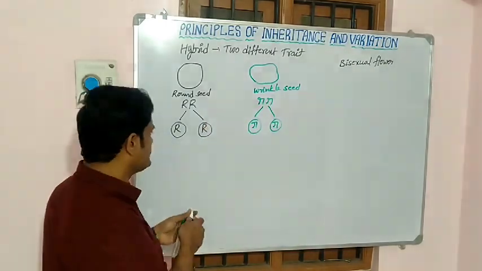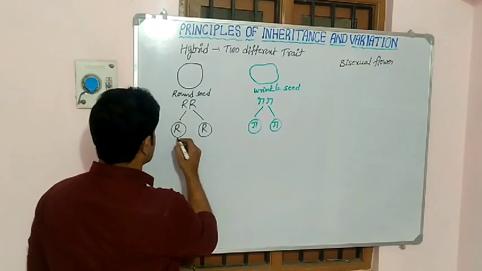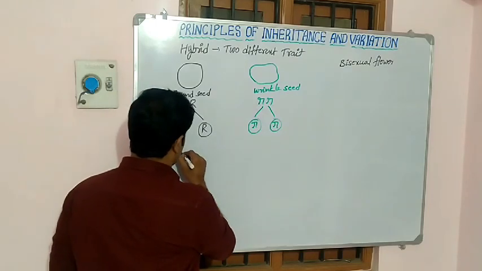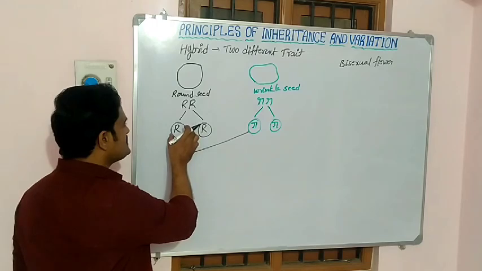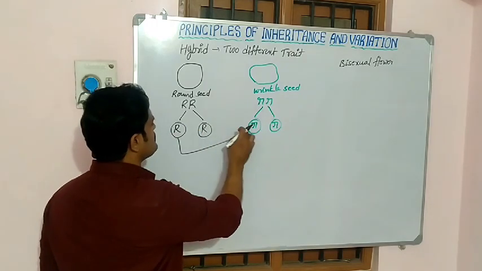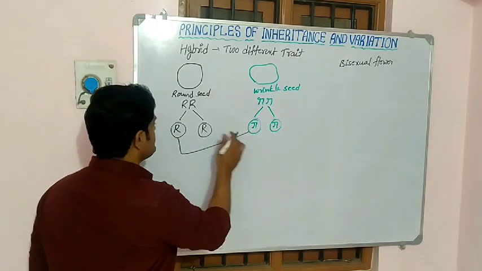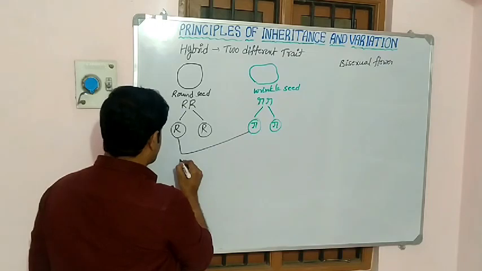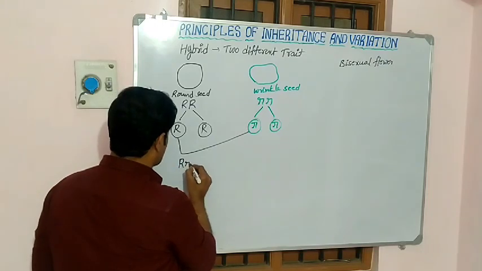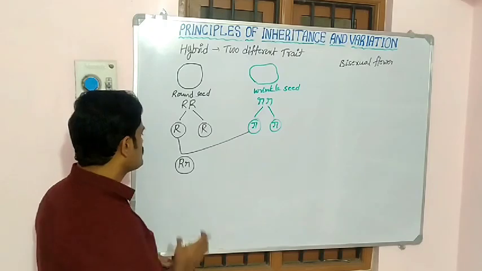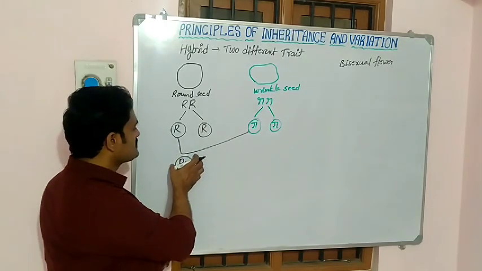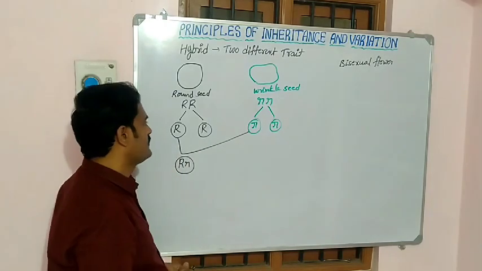Then these gametes fuse. Suppose capital R is fused with small r. So this gene is fused with this gene. Then it forms capital R small r. So this forms one type of plant.